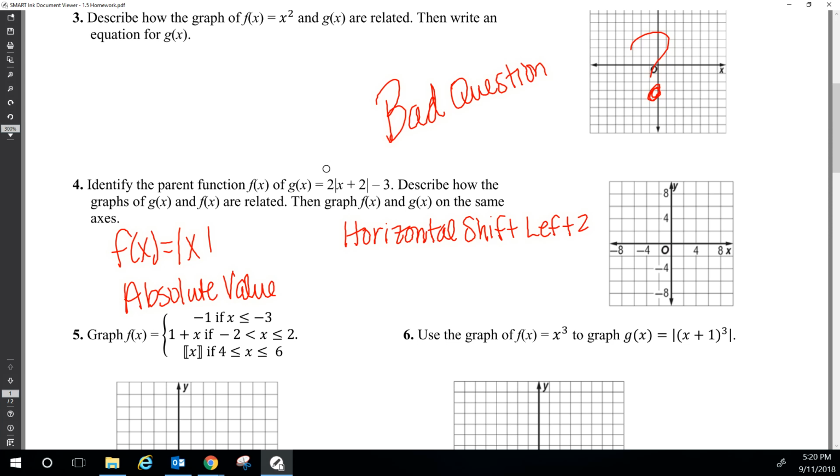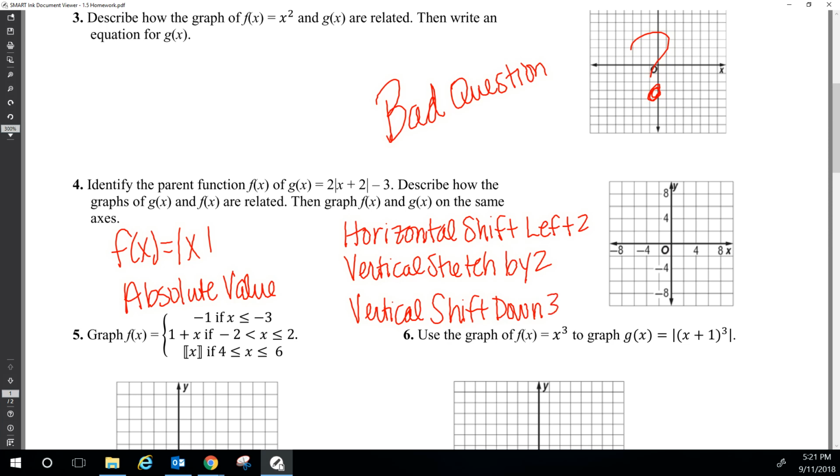Outside, now we're talking about vertical happenings. Multiplying by 2 would be a vertical stretch. It does exactly what it says. So it says multiply by 2, we're going to multiply by 2. That's a vertical stretch by 2. The negative 3 in the back is a vertical shift, up or down. Again, it does exactly like it says. It says to go down 3, so it's going to go down 3.